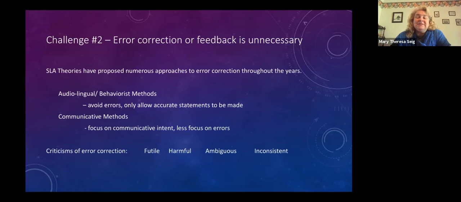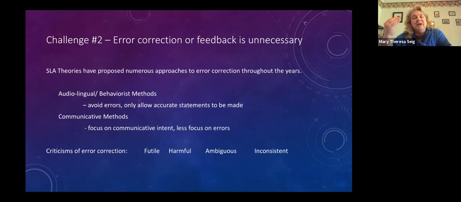There are lots and lots of criticisms of error correction in the research: that it's futile, that you can't actually teach the students through error correction, that it can be harmful to the students because it can cause their affective filter to be raised so that they won't want to engage in the language. Error correction can be ambiguous, especially when we're responding to students' writing. We can often circle something and make a comment and it's unclear to the student what that means.